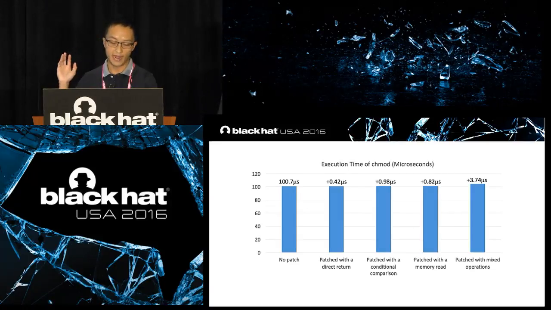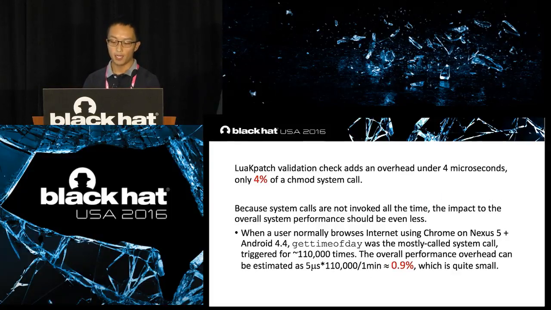But if we patch this syscall with Lua K patch with different kinds of logic, you can do a direct return, you can do conditional comparison, you can do memory read, and you can do a complicated combination of operations. But all such conditions only generate below 4 microseconds overhead. So that's only 4% of a chmod syscall, which is pretty negligible.